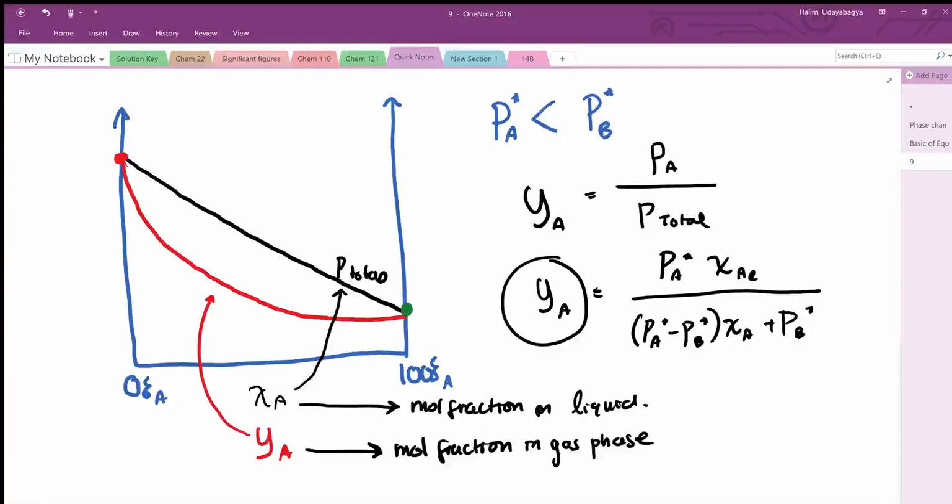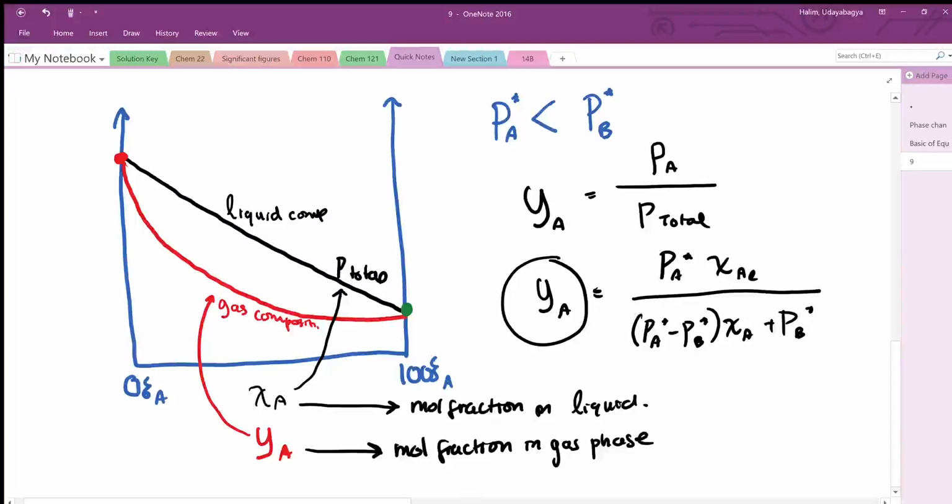I just want to make sure really quick, hold on. Yep. The black one here is the liquid composition, and then the red line here is the gas composition.